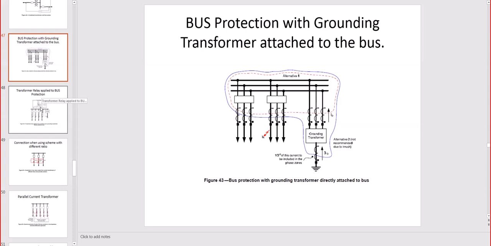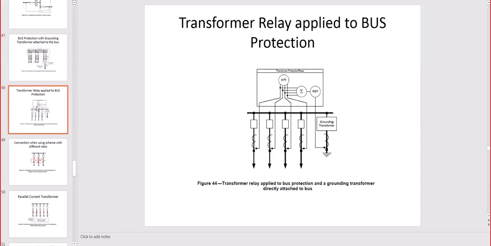Another reason you have a grounding transformer is for creating artificial neutrals. If the system is three-phase, but you need a neutral that feeds loads that are single phase, you will need a neutral, and that neutral is possibly created with a zigzag transformer. So that's when you're going to use this transformer relay applied to the bus protection.